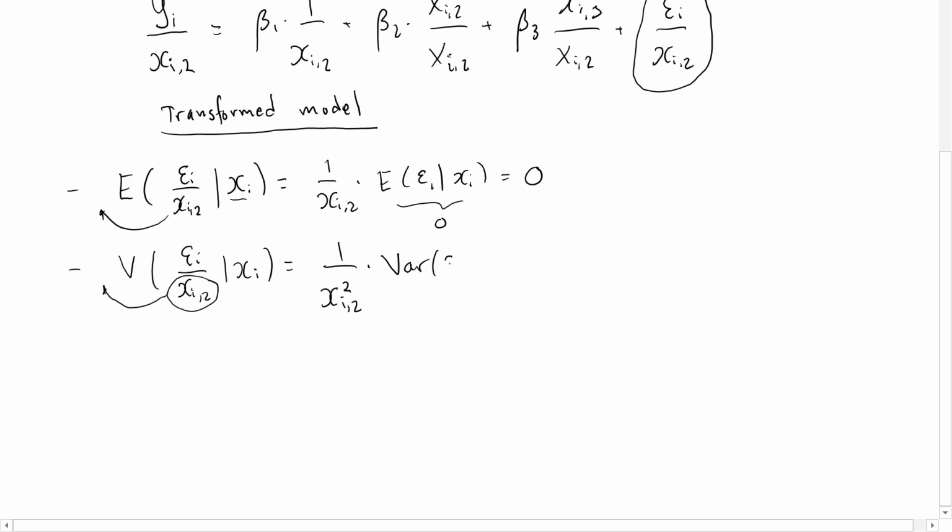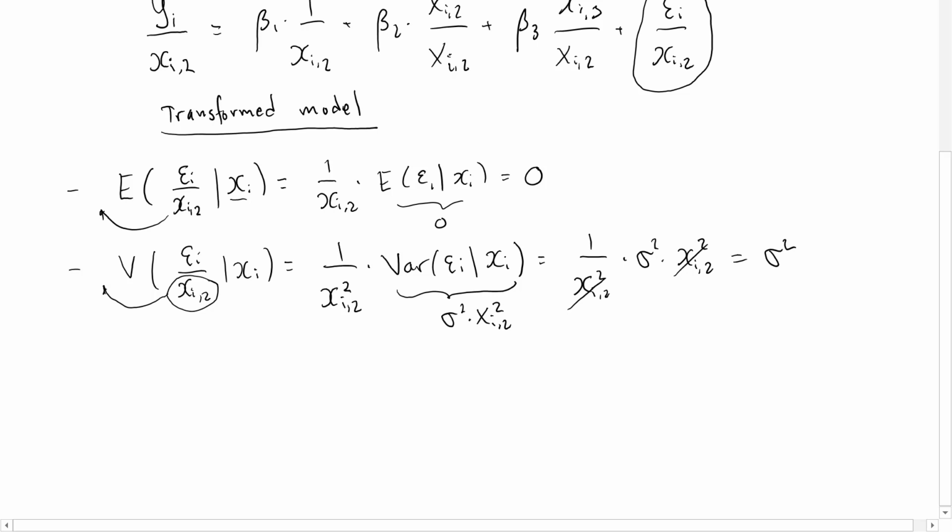So 1 over xi2 squared times the variance of the error term of the original regression conditional on xi. Well, our assumption was that this was equal to sigma squared xi2 squared. So the whole thing becomes 1 over xi2 squared times sigma squared times xi2 squared. These cancel and the whole thing is just sigma squared.